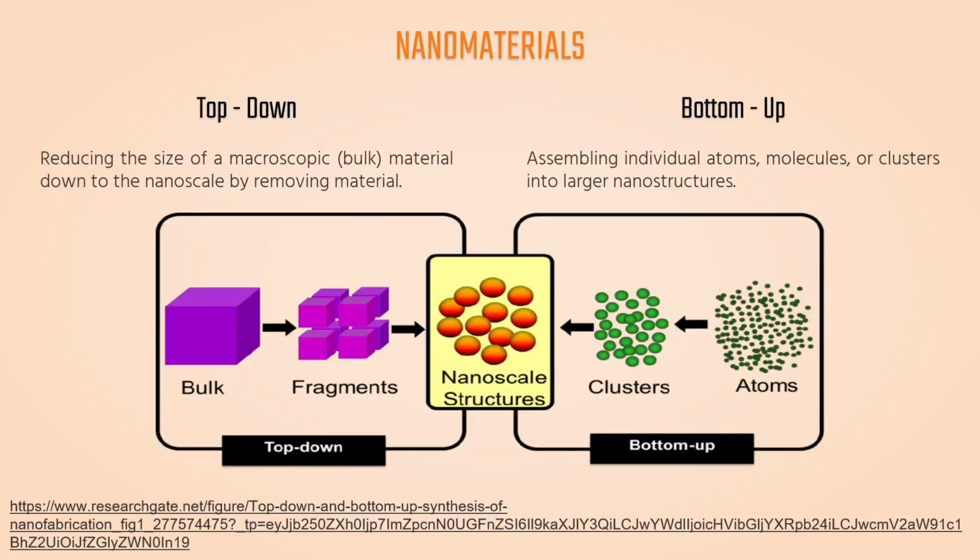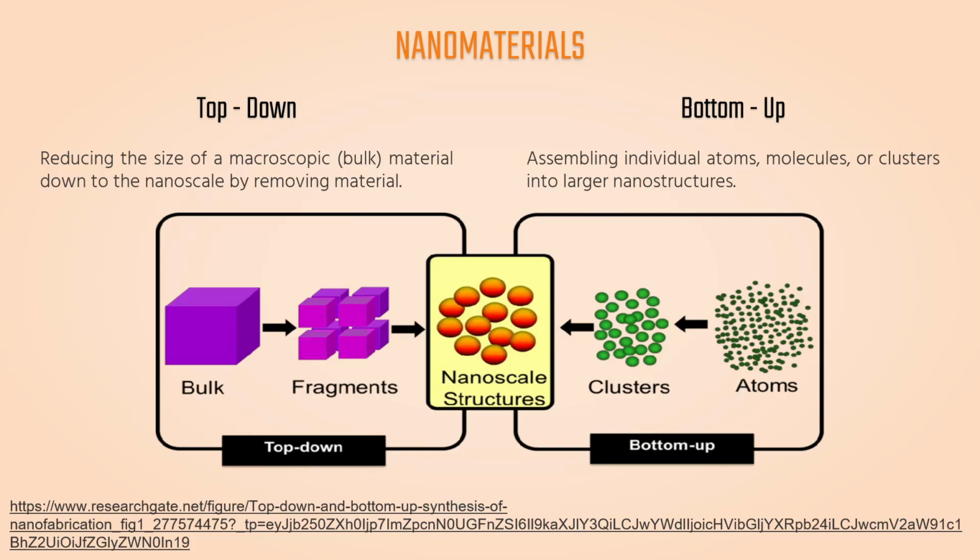Now, coming to the synthesis of nanomaterials, there are two main approaches, top-down approach and bottom-up approach. In top-down approach, a bulk material is reduced to the nanoscale by removing material using physical or chemical methods or mechanical methods also.